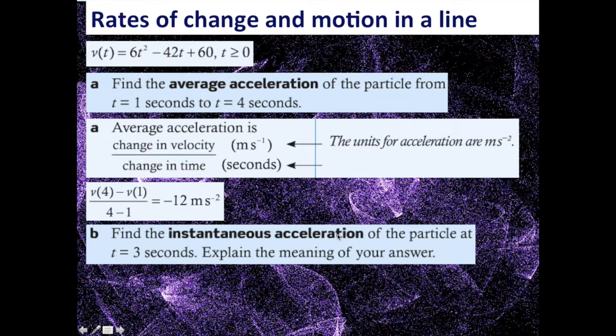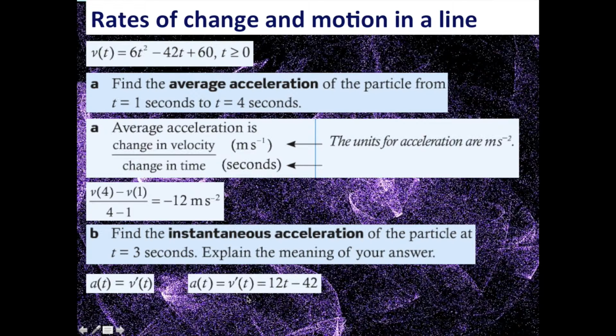Find the instantaneous acceleration of the particle at time t equals 3 seconds. Whenever we see instantaneous, we should be thinking differential calculus. So therefore here, the relationship between acceleration and velocity is that acceleration is the derivative of velocity.